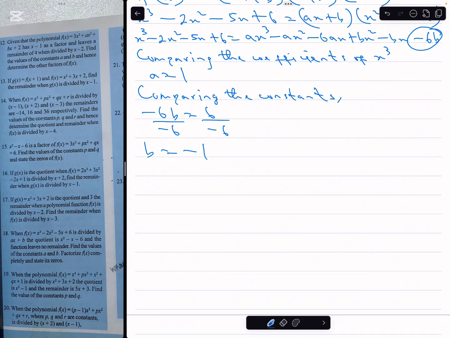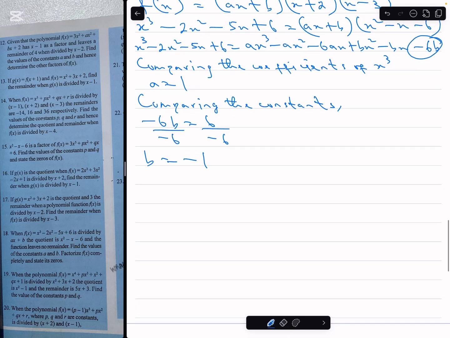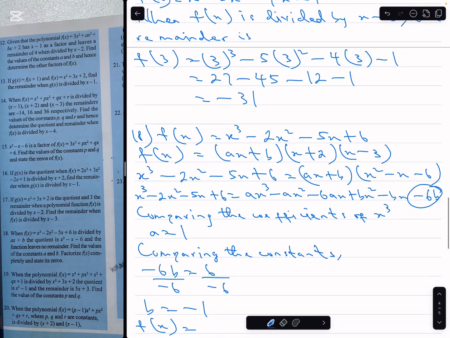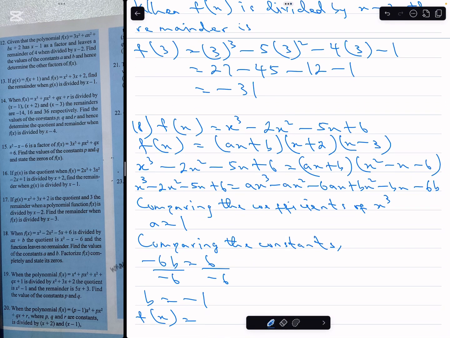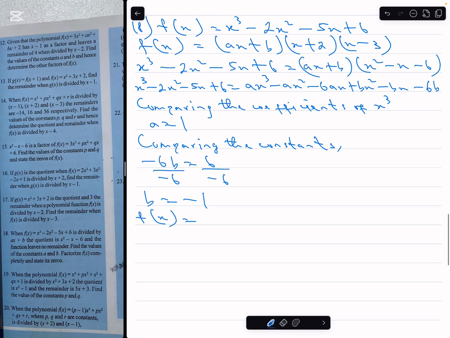Now the second question says factorize f of x completely and state its zeros. To factorize f of x completely, we just write it as a product of all of its factors, and that simply means we already did that, but we just didn't know the values of a and b. So we're just going to write this and replace a and b with their values. So f of x equals ax plus b.